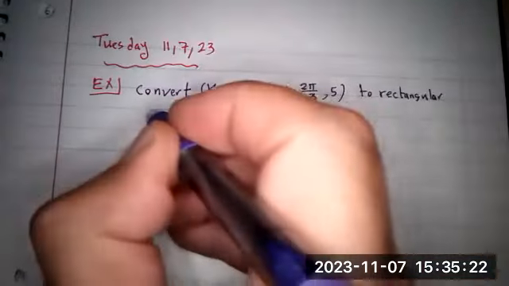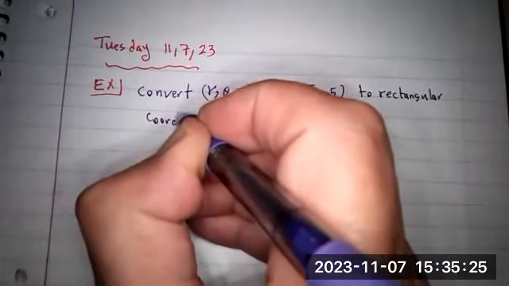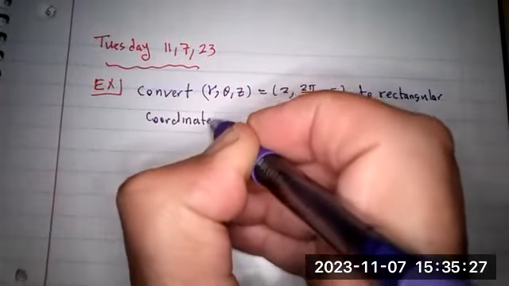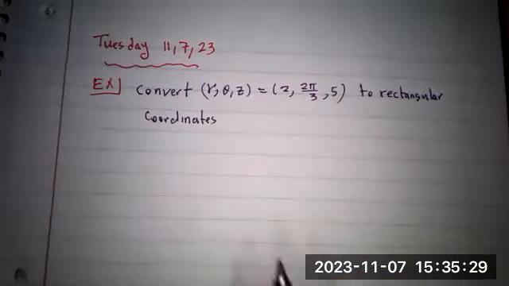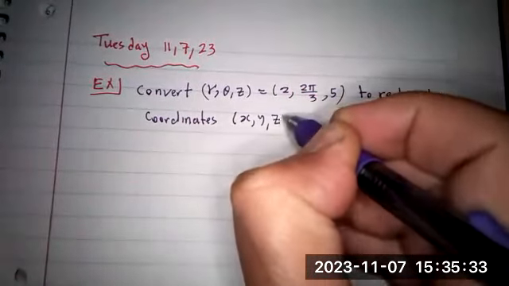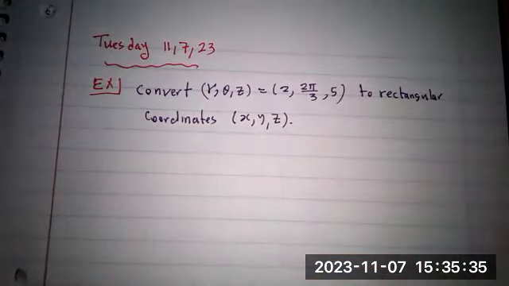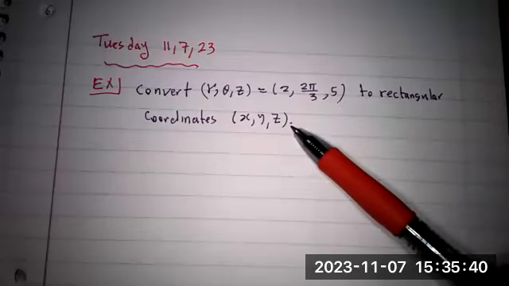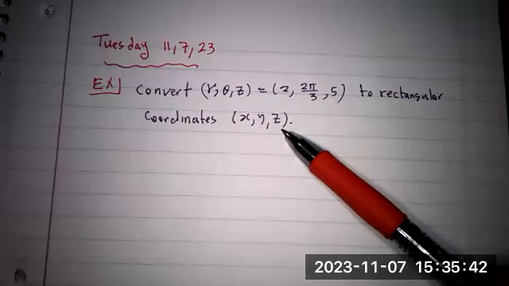When you move it to rectangular coordinates, your point would be x, y, z. This would be easy to do because z would be z. So z stays as 5.